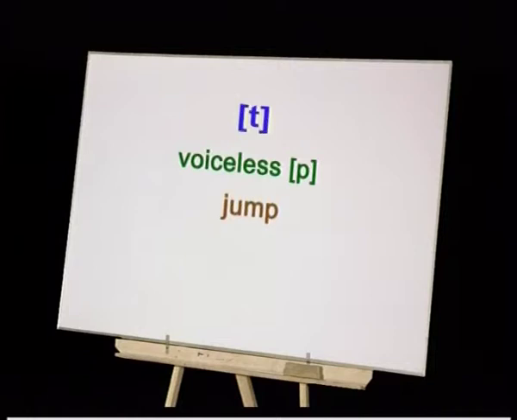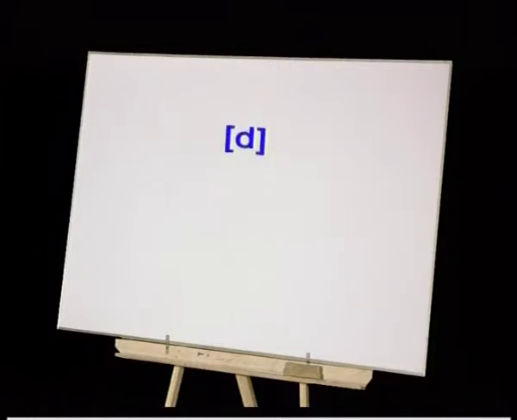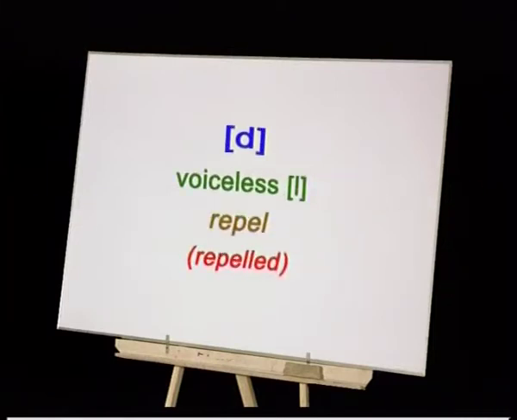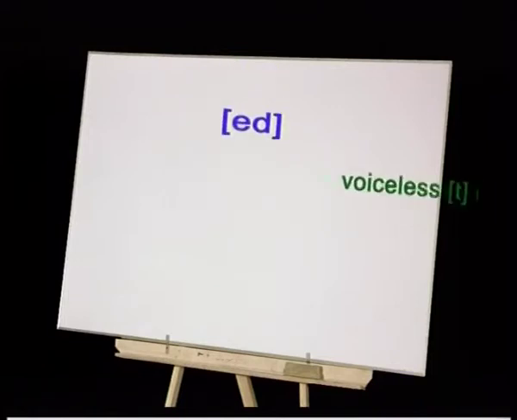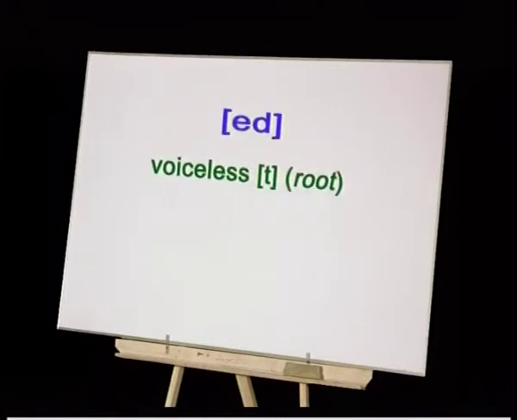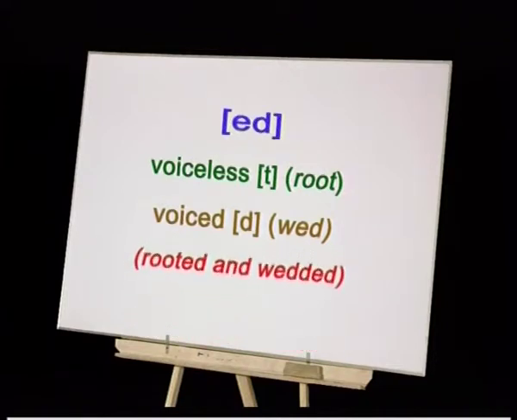It is realized as t after the voiceless p of jump, as in jumped, as d after the voiced l of repel, as in repelled, and as ed after the voiceless t of root or the voiced d of wed, as in rooted and wedded. We can also call these morphs allomorphs or variants.